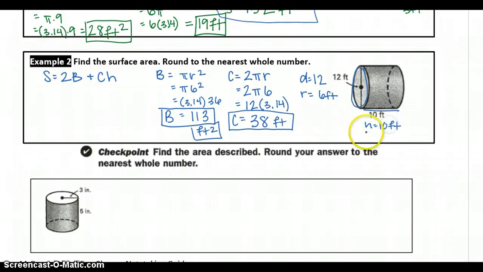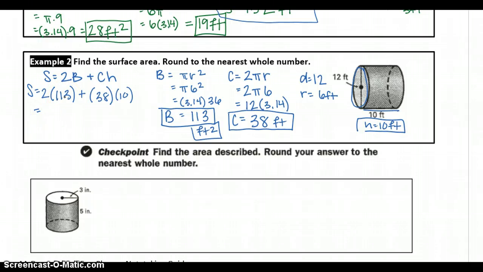So now we have everything we need to plug into our formula for the surface area. So we have S is equal to 2 times the area of the base, which is 113, plus the circumference, which is 38, times the height, which is 10.